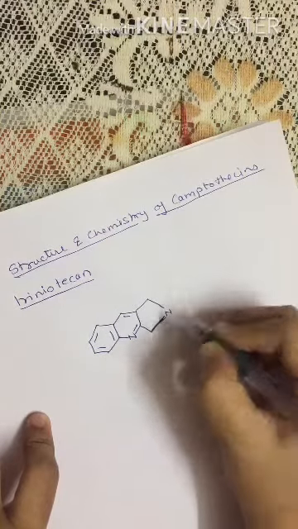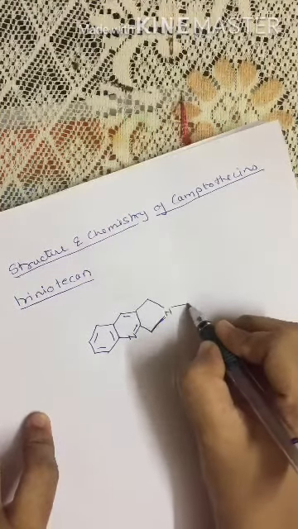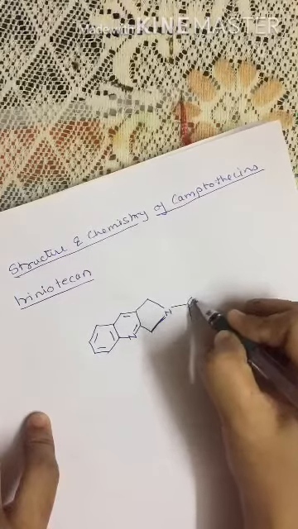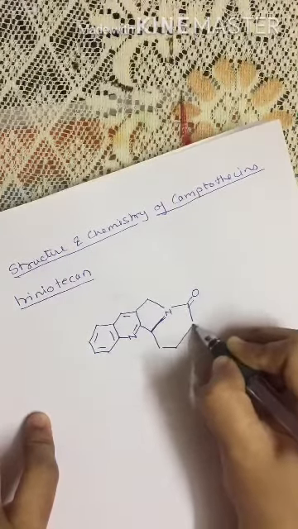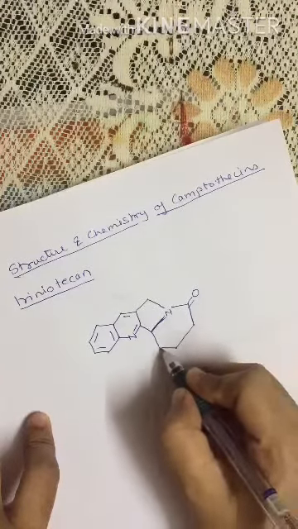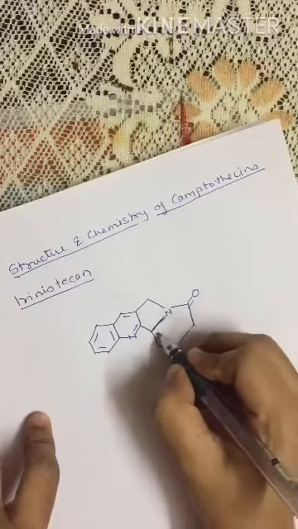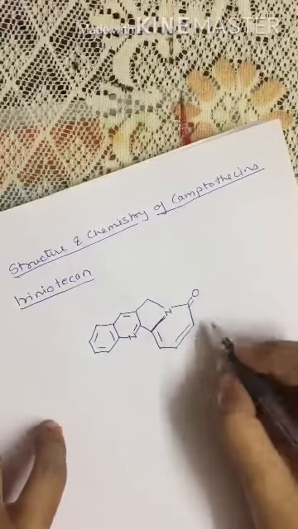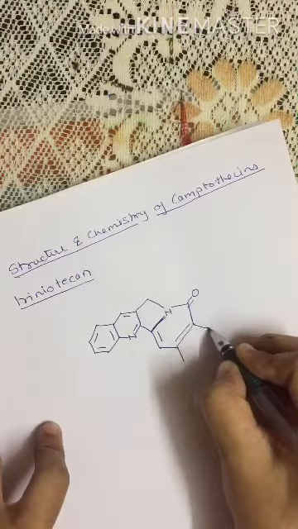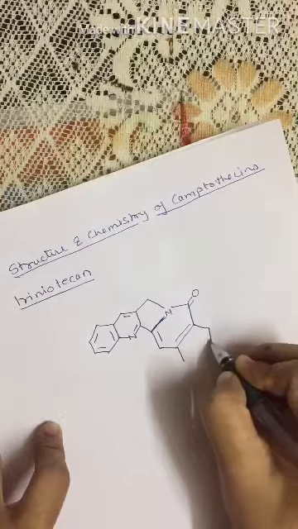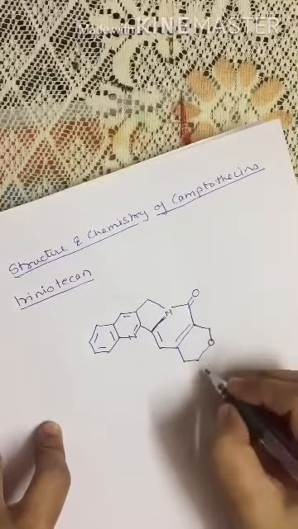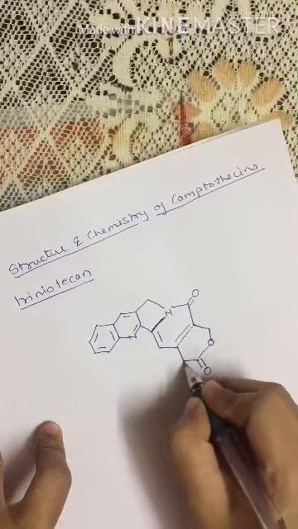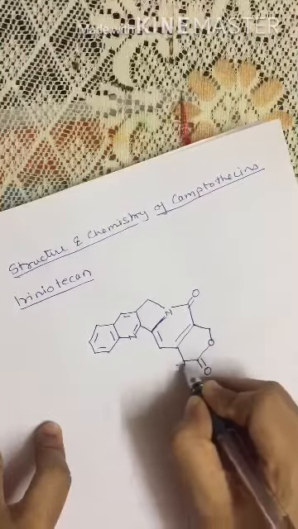This tetrahydropyrrole is fused with pyridine, and it further is fused with a pyran ring. There is one more double bond O. Here it is OH.